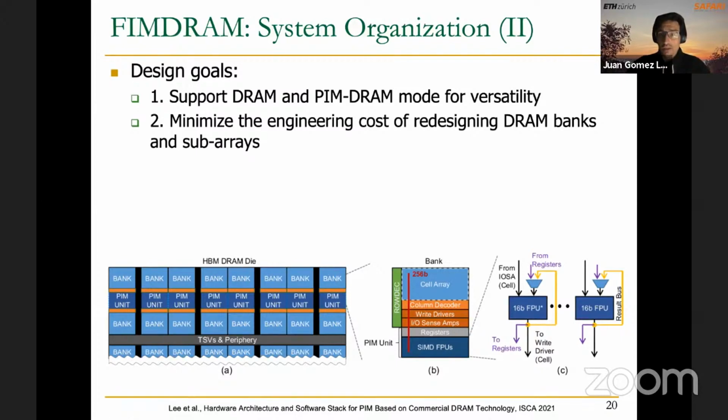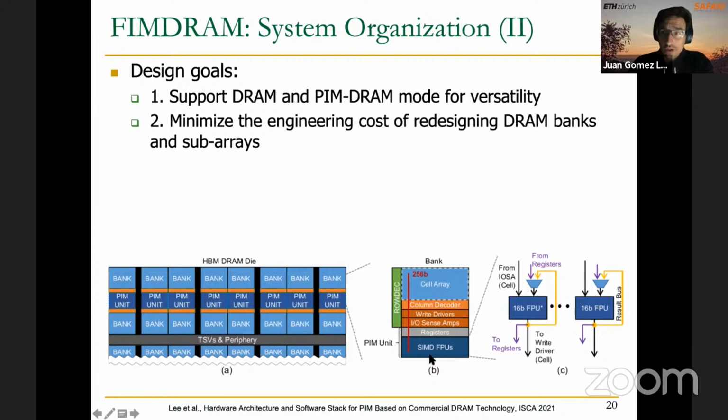So that's, I think, the first observation in this slide: this idea of placing the processing elements near the banks but not inside the banks is kind of a common trend in commercial processing-in-memory systems these days, because if you remember, the UPMEM PIM architecture also places the DPUs near each of the banks.